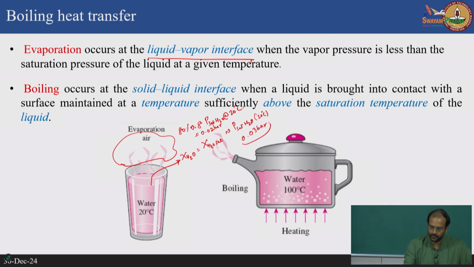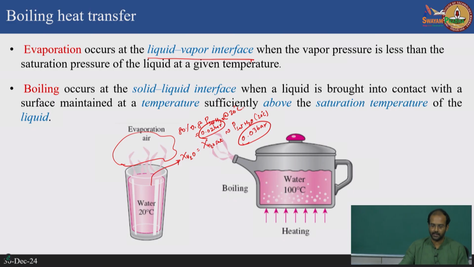Now you have a partial pressure difference of 0.03 minus 0.02 bar existing at the interface and just above the interface where you have the surrounding vapor. This partial pressure difference is the driving potential for evaporation.